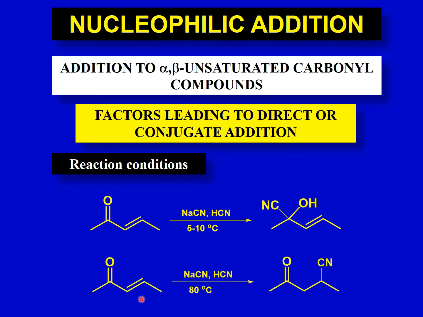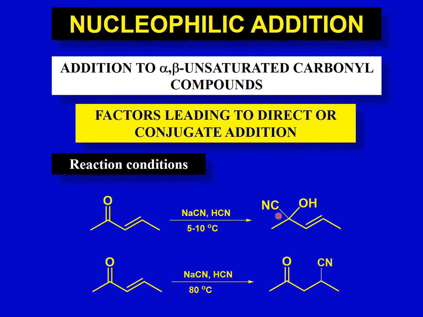With the same starting material and the same nucleophile, if you carry out the reaction at 80 degrees centigrade, you see here that the carbonyl is untouched, although we have this cyanide group attached at the beta position. Now you would think how this is different from this one.